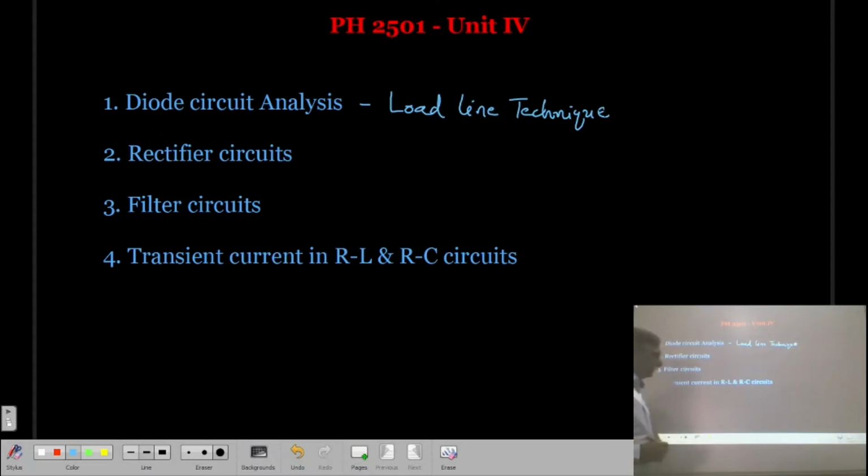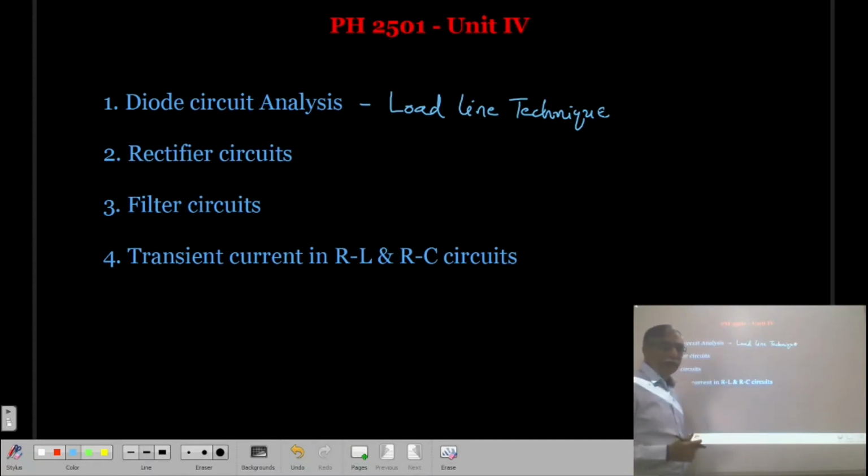The fourth one is the transient current in RL and RC circuits. Basically you have already learned about AC circuit analysis. But now in the RC circuit, instead of an AC source, we connect a battery, that means a DC source. How is the capacitor going to be charged or discharged with time t?